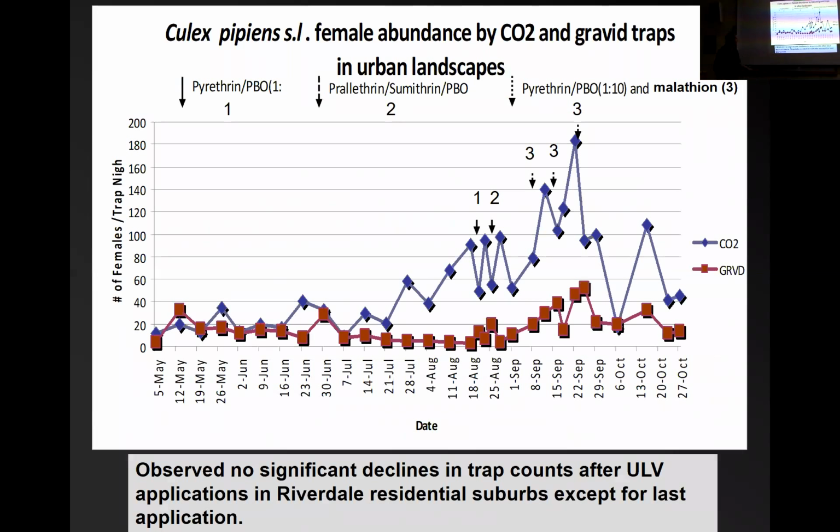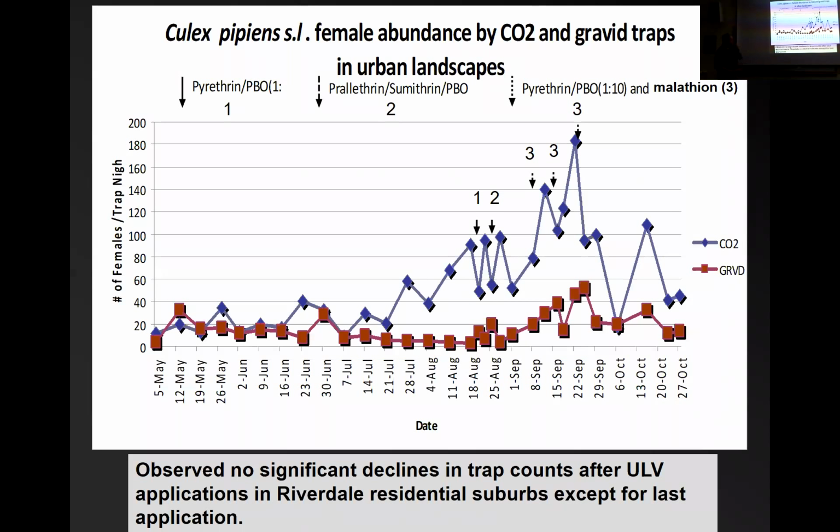And of course, one way of doing that is looking at how the spraying affected mosquito abundance, in this case in CO2 baited CDC traps and the gravity traps that we placed in the vicinity of where we did trials in urban situations.